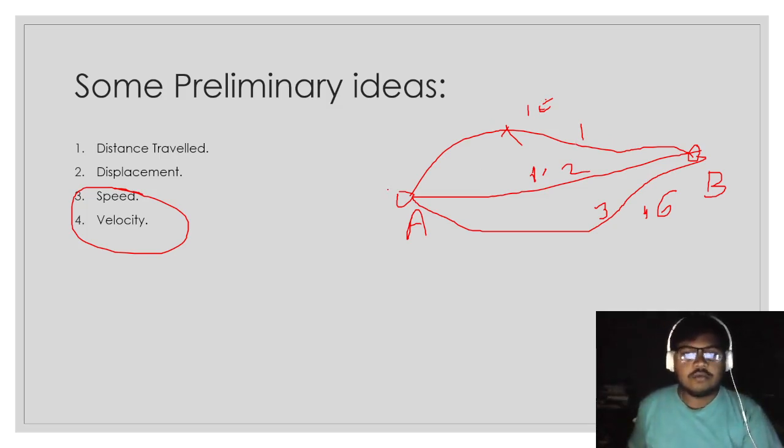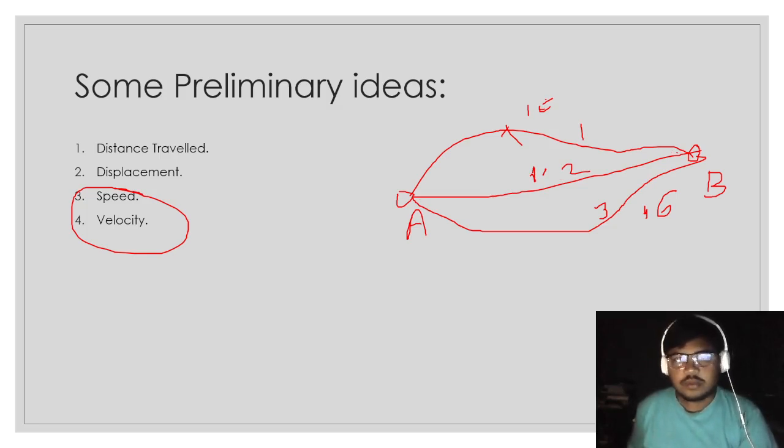In the case of path 3, the speed is 96, the distance traveled, divided by the time taken for moving through path 3. And in the case of path 2, the speed of the man is 80 divided by the time taken in this path.